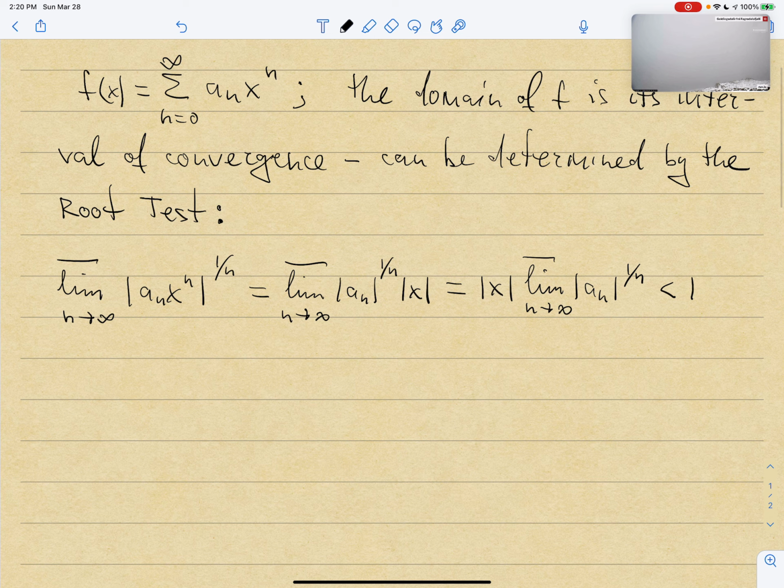And so therefore, if I solve this for the absolute value of x, you're going to get three choices.